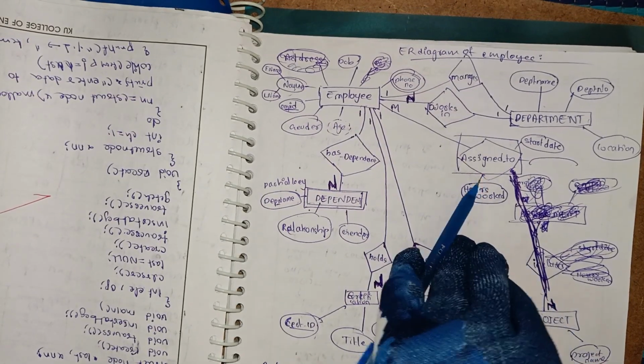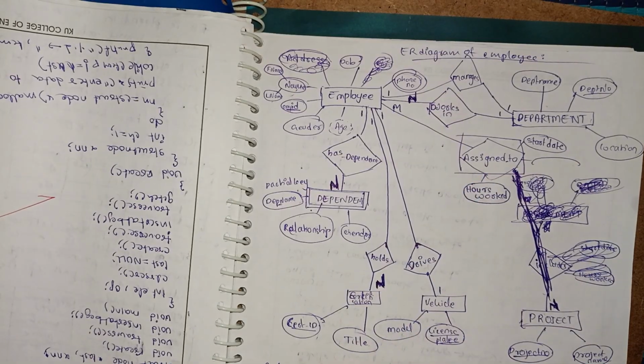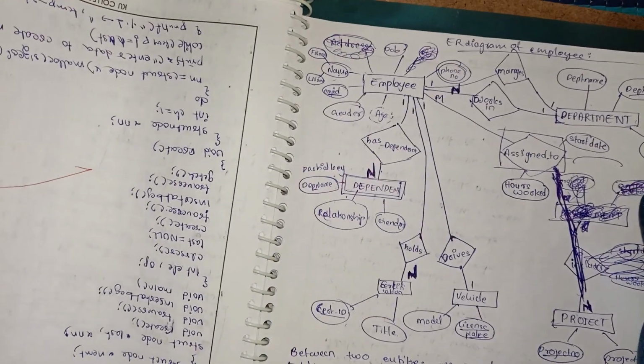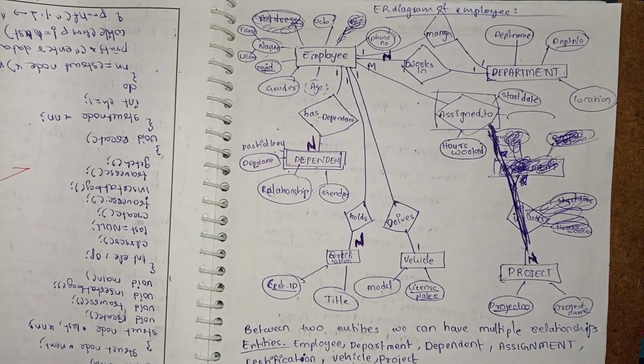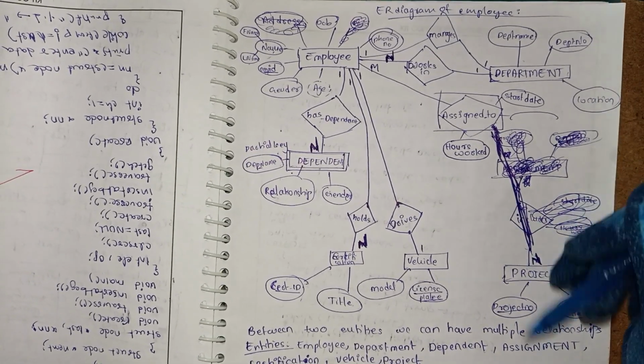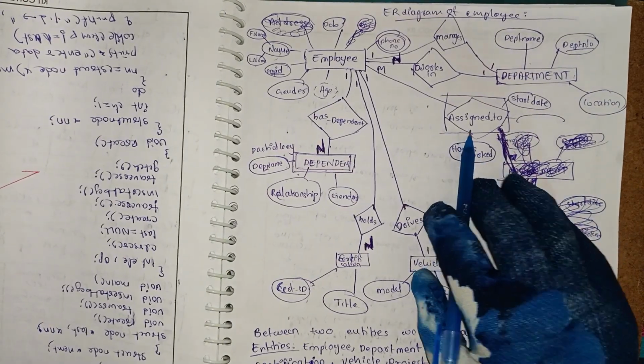Means it's an associative entity. Okay, assigned to, or assignment we can say. To give a proper name to a table we have used the word assignment. Its actual word is assigned to, which is an associative entity.